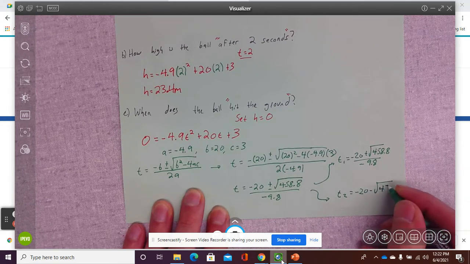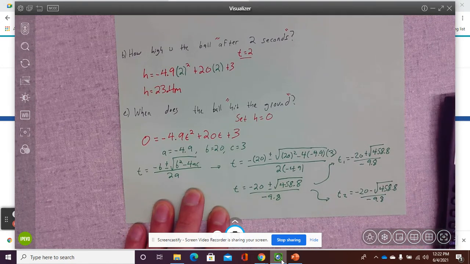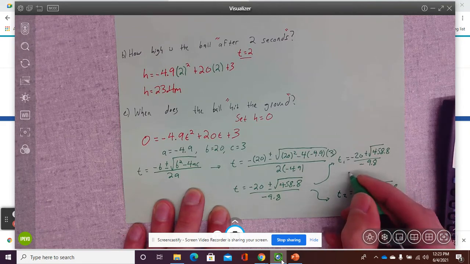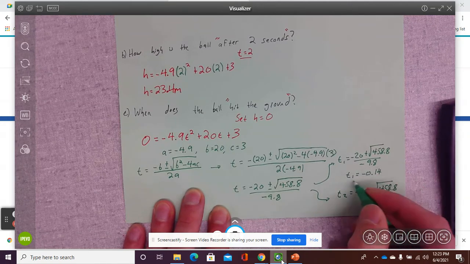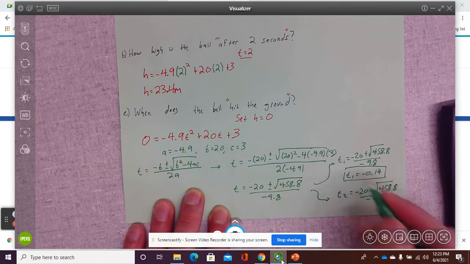So that plus and minus in the quadratic formula means I've got to split into 2 equations. And again, I can just plug these into my calculator and solve. I like doing it in one step so I don't need to round too often or write down too many decimals. So I'm going to do my numerator, negative 20 plus the square root of 458.8. I'm going to evaluate that first and then divide by my denominator. So time could equal, and we'll see if this makes sense, negative 0.14. There's my T1.